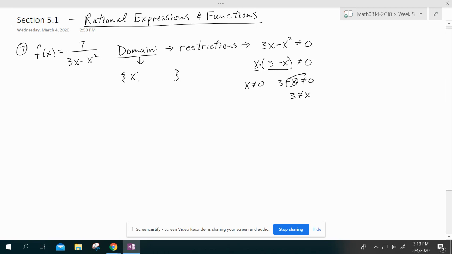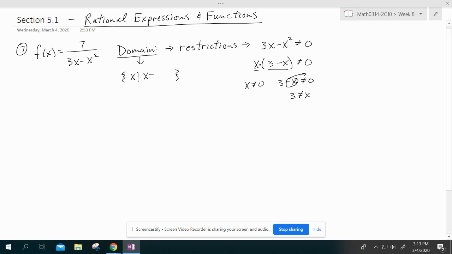And does everybody remember what set notation looks like? That we have to have the braces. We have to have an x because we're talking about domain, right? It's the x's. And what does this vertical line mean? Such that. So this is the set of all x such that, and then what goes here is always the restriction.